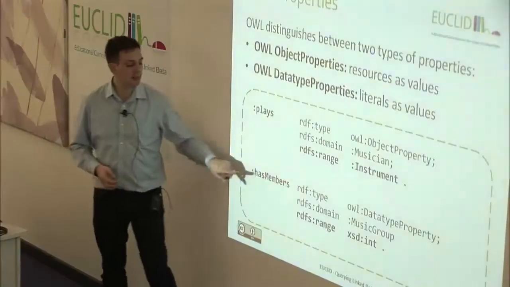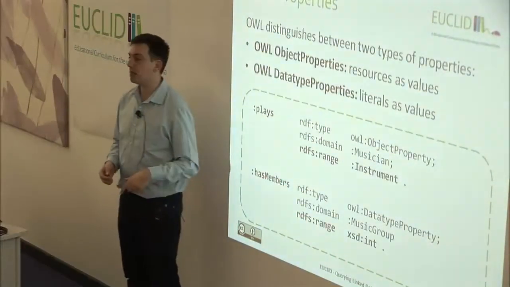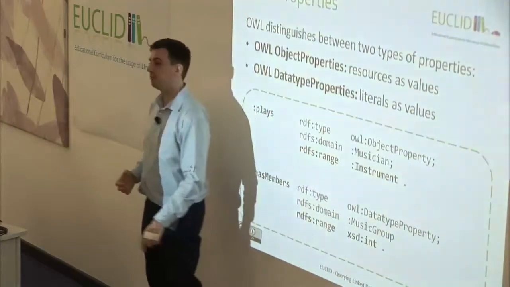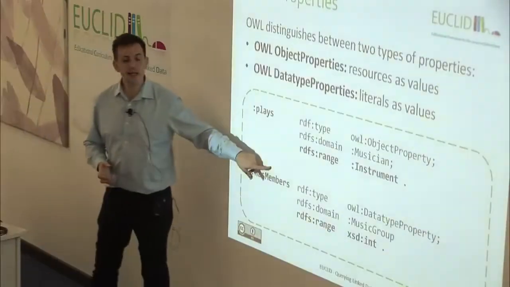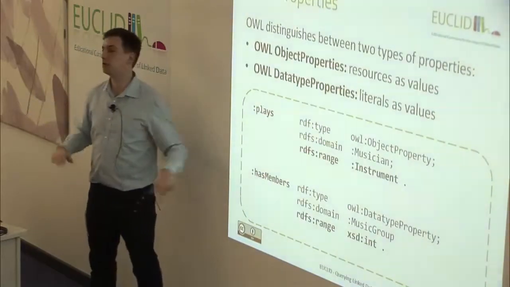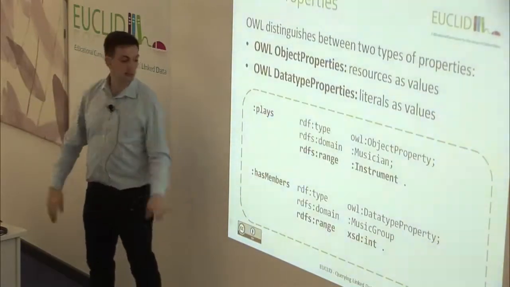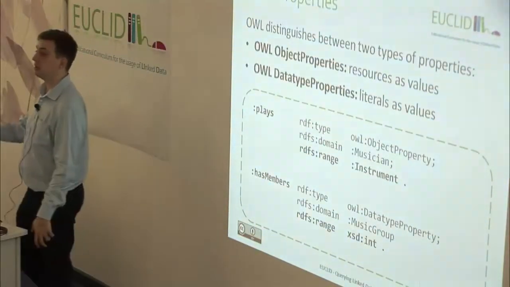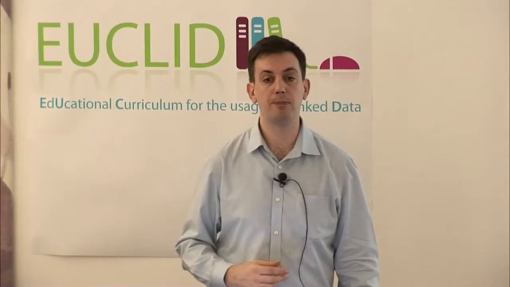And by attaching a range to a data type property, we can go further and say its data type should be, for instance, integer. So that it's in data type property means we expect the object in any use of this relationship to be a literal. By attaching the range, we say that literal should have a certain form. It should be an integer number.